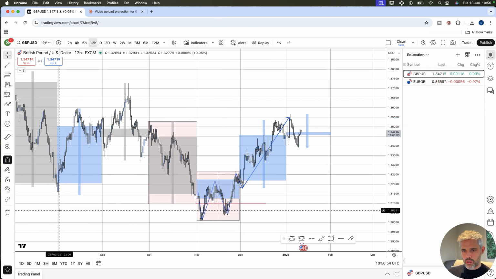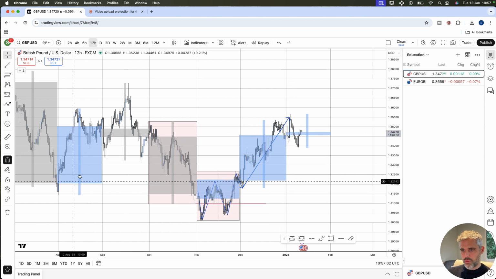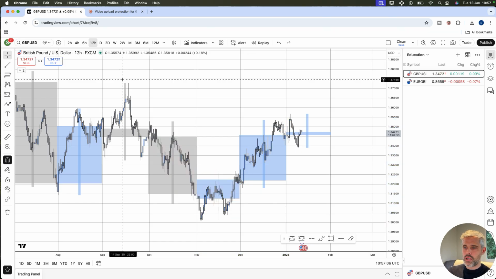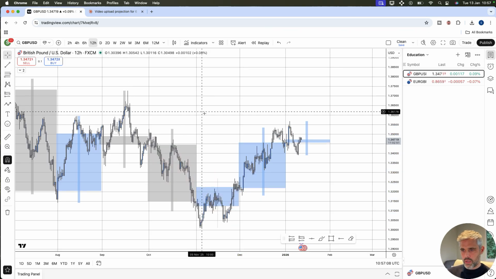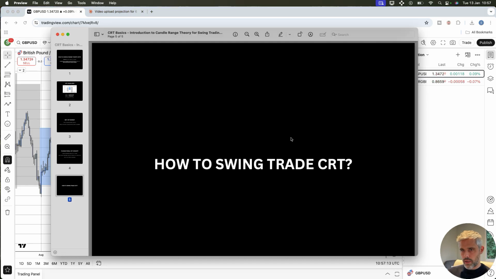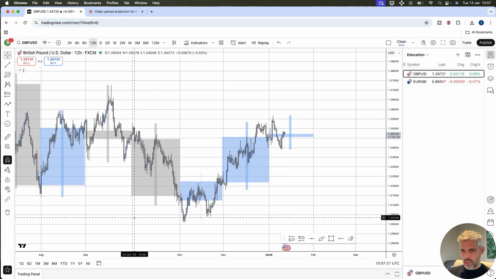So we've now looked at what happens between September the 1st and January the 1st, and we have two very predictable moves in the market that played out through the lens of CRT perfectly. So coming back here, just to make this explicitly clear, we have accumulation candle, manipulation, distribution.